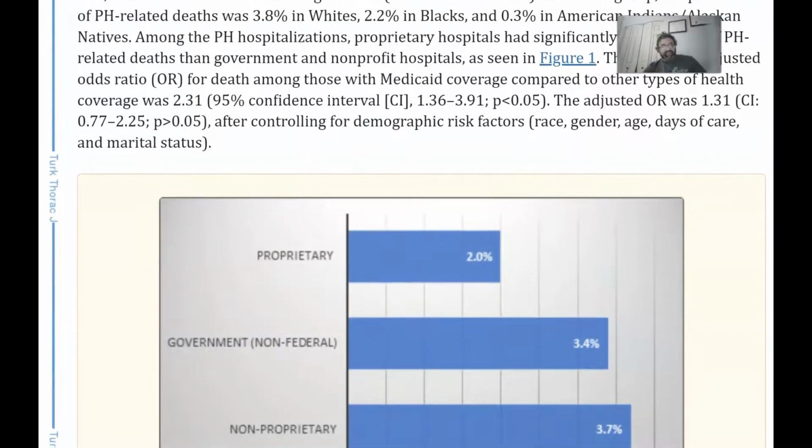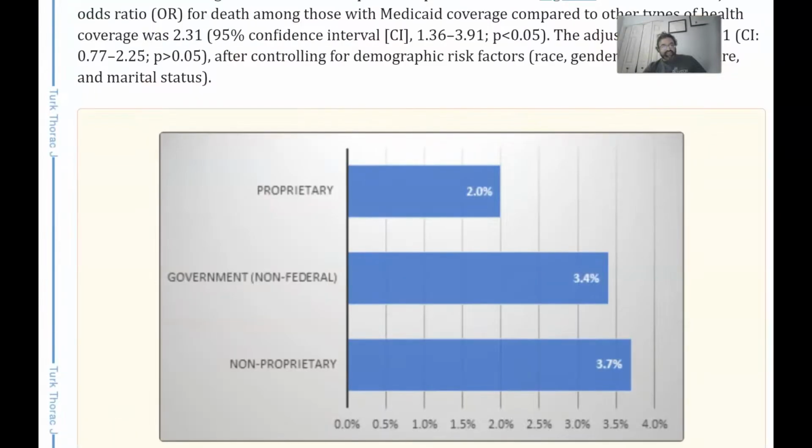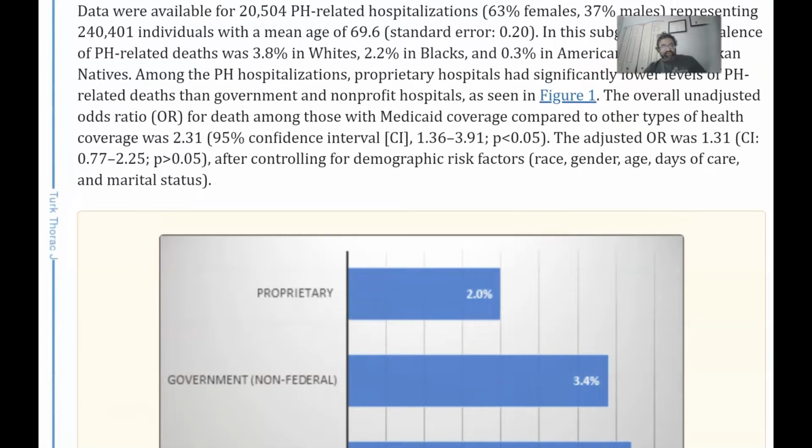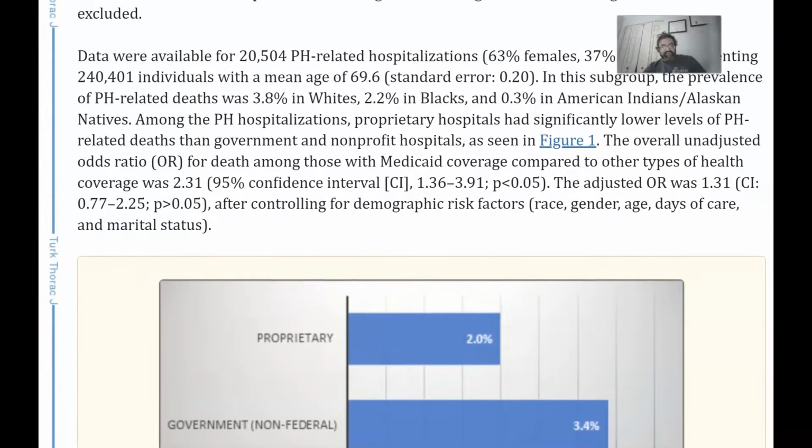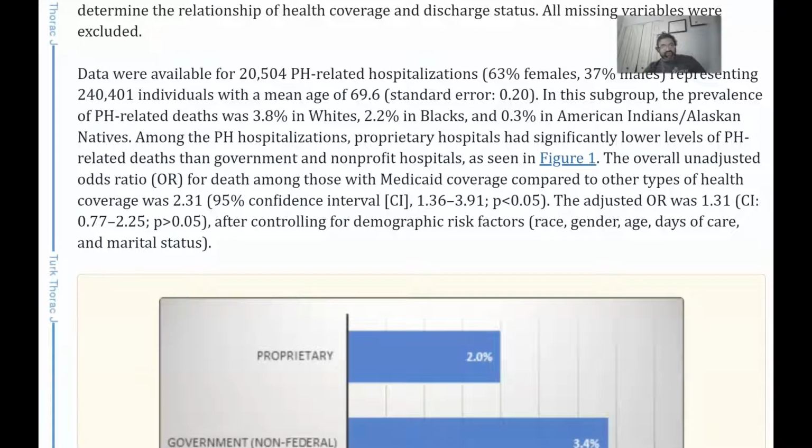In this, we're not really mentioning death. It's more looking at the types of pulmonary hypertension based on medical coverage.